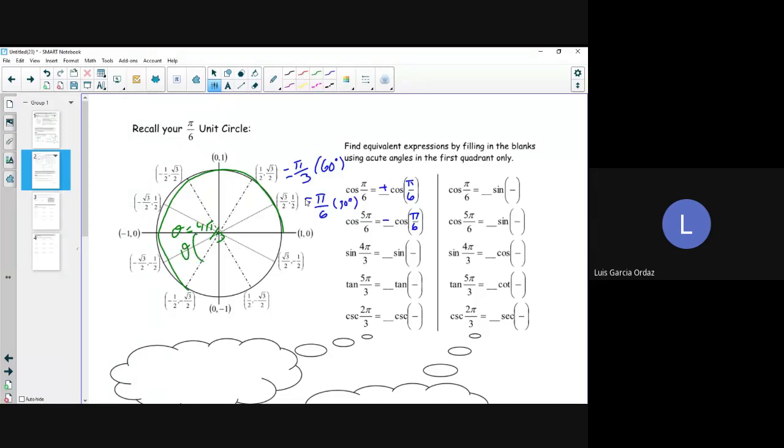Is sine positive or negative in that quadrant? And what would our angle be? Remember, we're finding this angle over here. To 180 it's 3 pi over 3, and then we moved down another section of pi over 3, so you're just left with pi over 3.